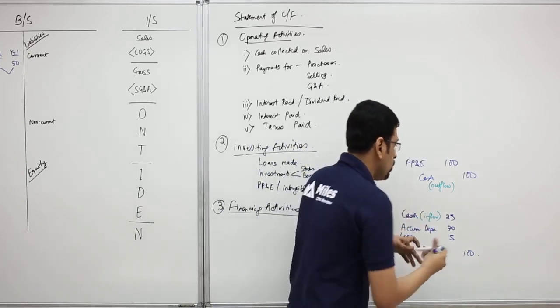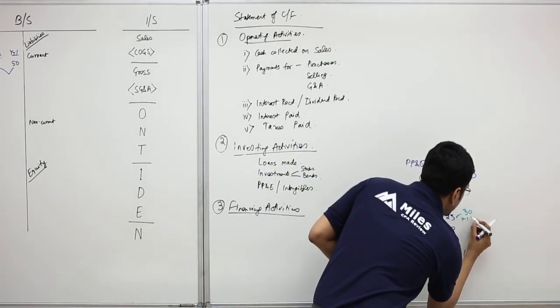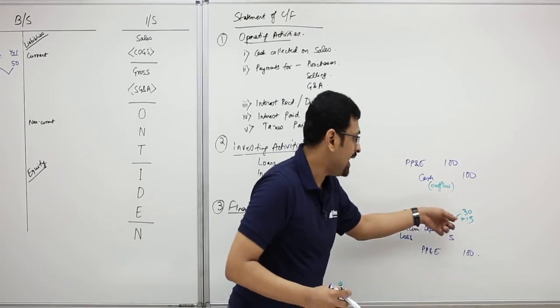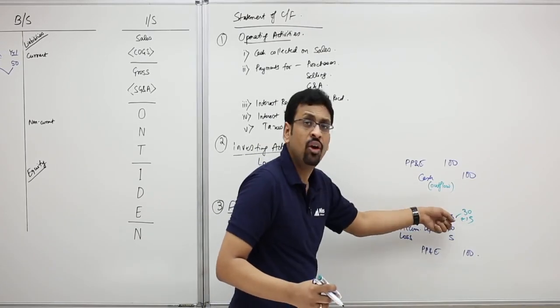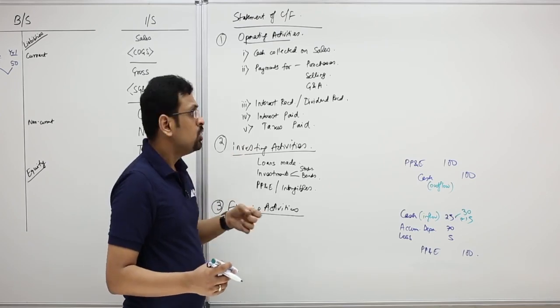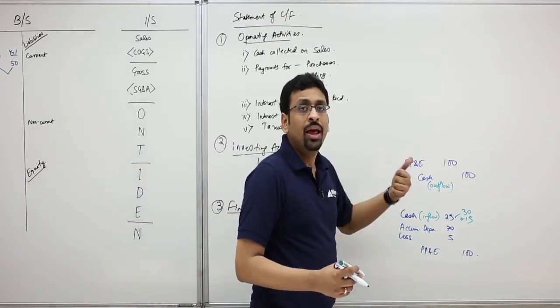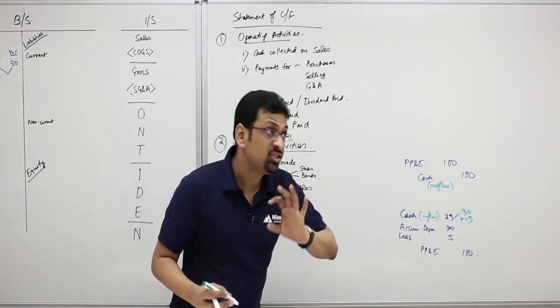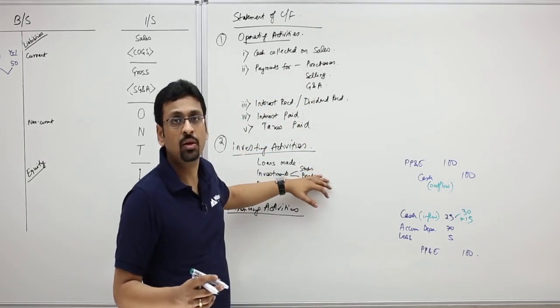What's your cash inflow? Book value was 30 minus 5 of loss. Net, what came in as cash inflow? 25. So this 25 is the number which would go in the cash inflow from investing. So all the gain or loss on the sale of PP&E, that's not operating, that's part of investing.